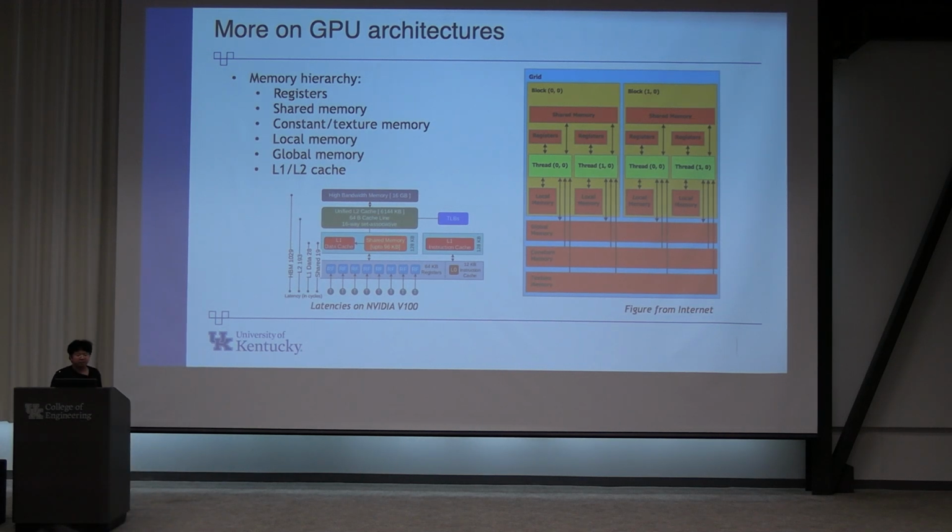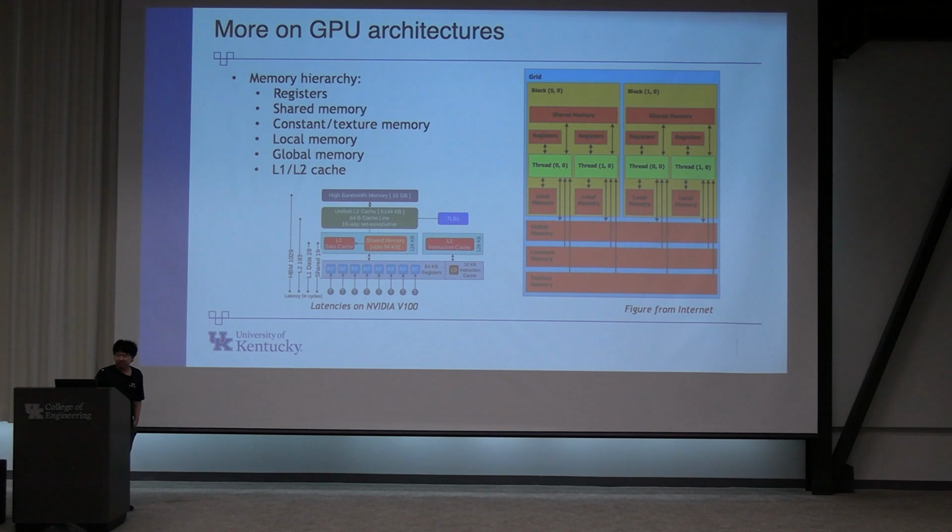In addition to that, another aspect of GPUs is the memory hierarchy, which is also very important for gaining performance. The hierarchy is a little bit similar to CPUs, but it differs in several aspects. First of all, it has a relatively large register file so that it can hold multiple variables. In addition, GPUs have a shared memory, which provides much faster data access than the global memory.